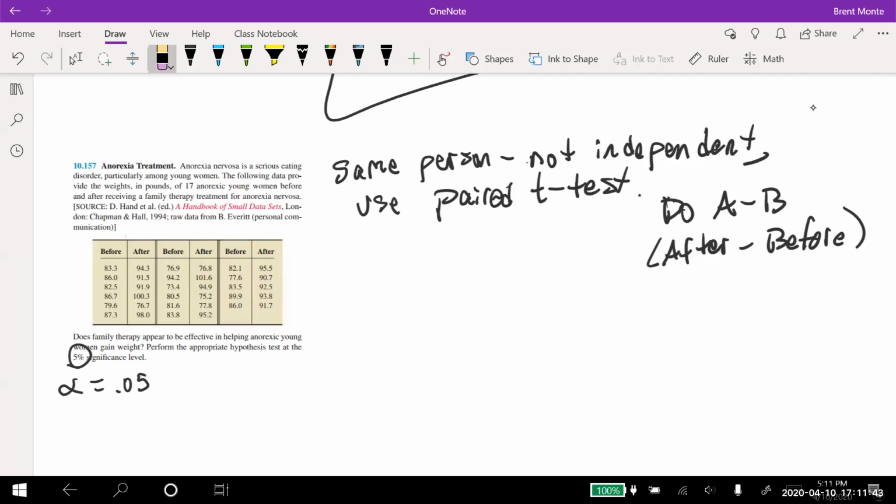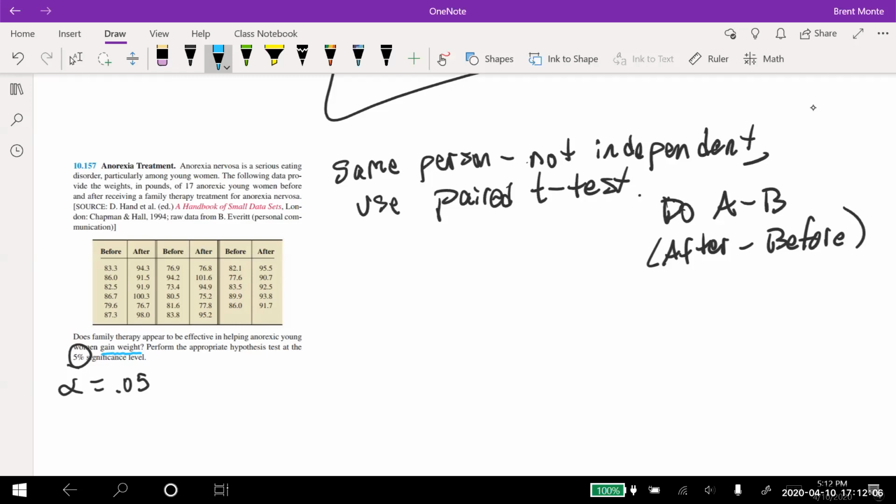And I'll tell you why, because here's what it says. Does family therapy appear to be effective in helping anorexic young women gain weight? So if we're saying gain weight, a lot of people are going to look at this and think positive. But if I do before minus after, I'm looking for a negative number, so I have to do a less than.